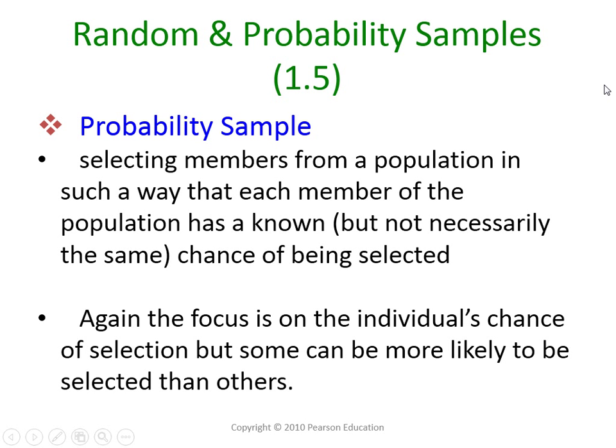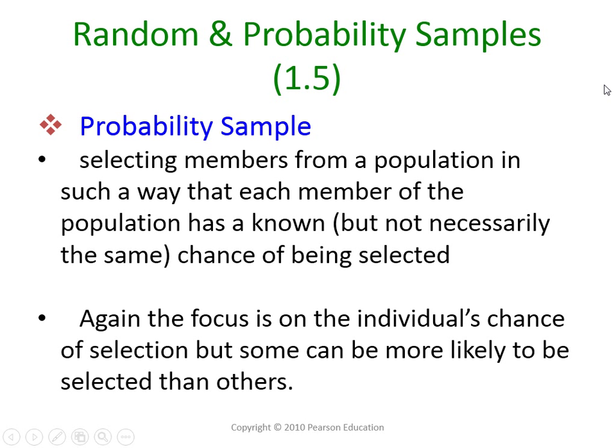We can calculate the probability that that one class is being selected. That probability is not going to be the same for every student, because some people are in 5 classes, some people are in 4 classes, some people are in 2 classes. So the probability for each person is not staying consistent. But if I just pick a class and take information from each individual in that class, that would be a probability sample.